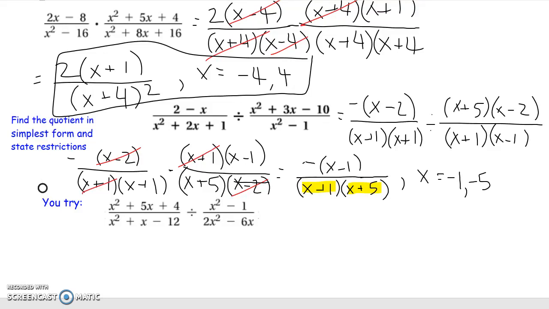So we can't have x equal to 2, and we already have x equal to -1 as a restriction. And we need to look at our original fraction that we were dividing by and look at its denominator to see what division problems we would have there. There we would have positive 1 and -1, so we need to add a +1 to our list of restrictions.